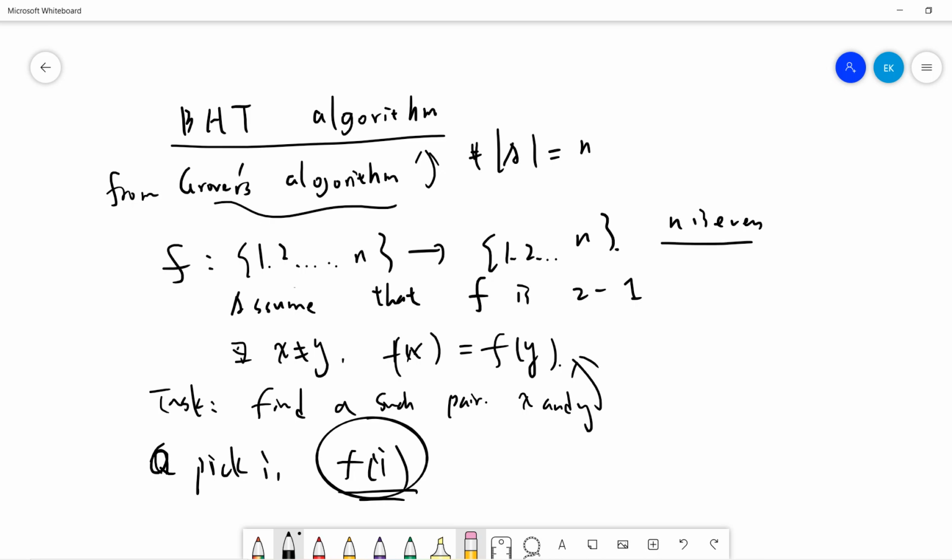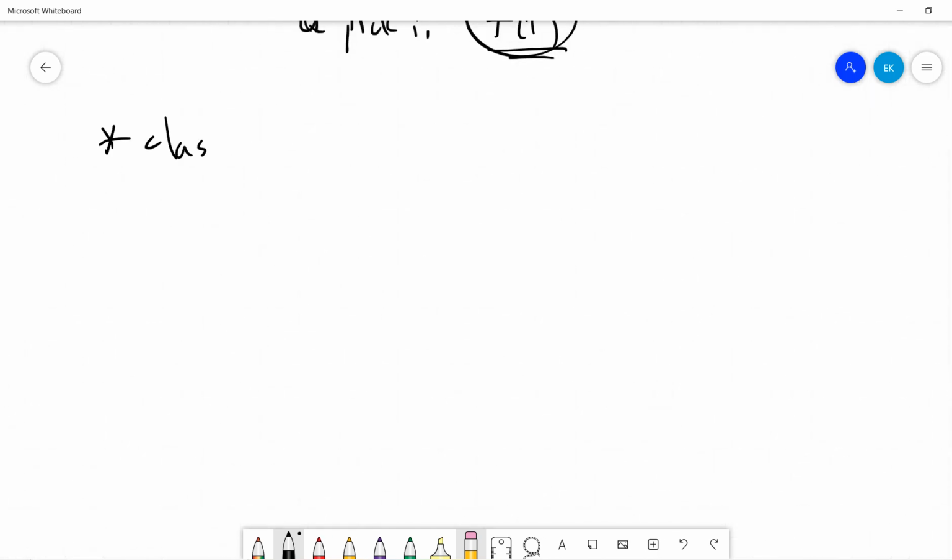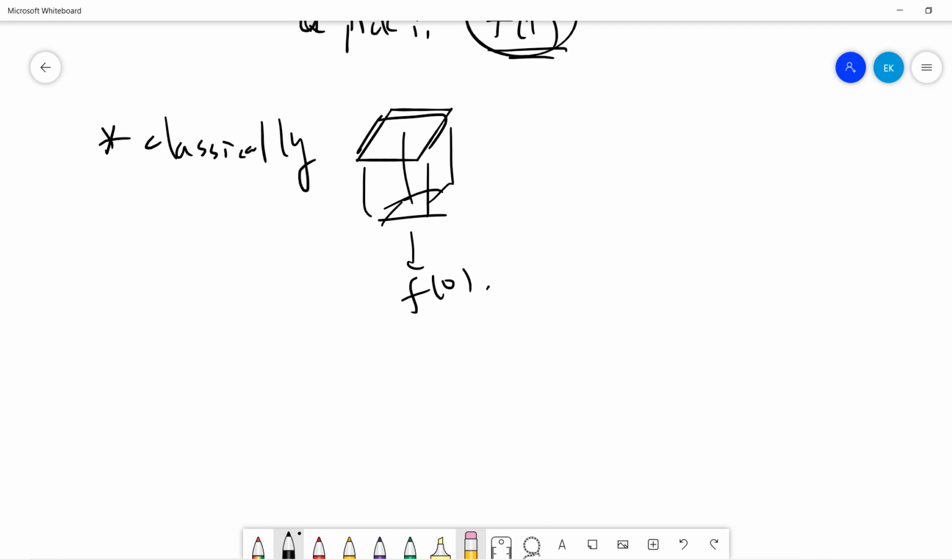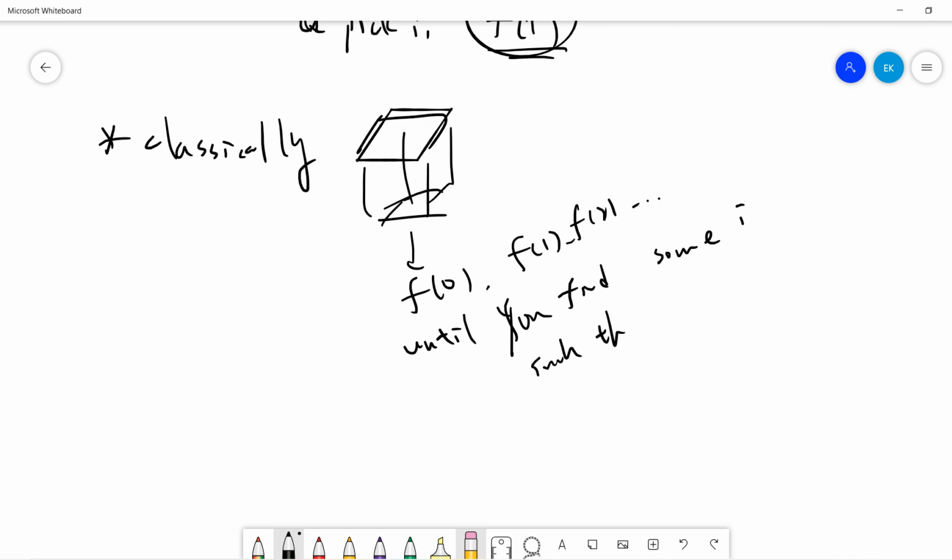Okay, so let's see if you are working classically. Then it is deterministic, and all you can do is collect f of 1, f of 2, and so on, until you find some i and j, which are not the same, such that f of i equals f of j.